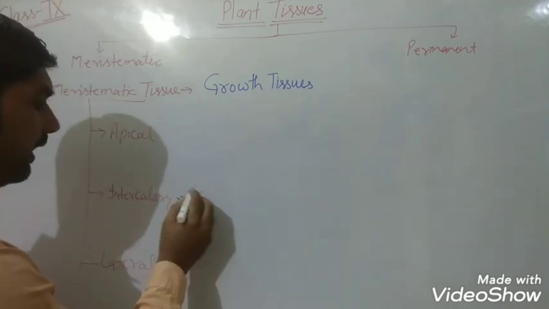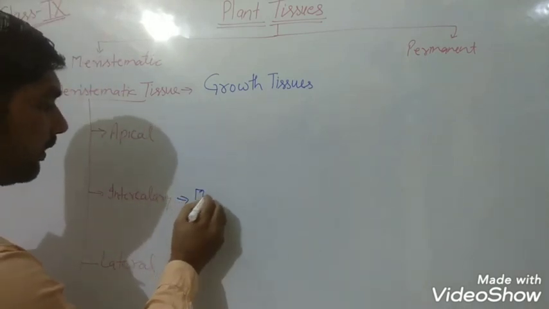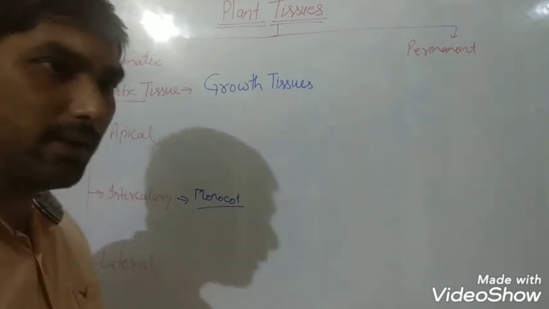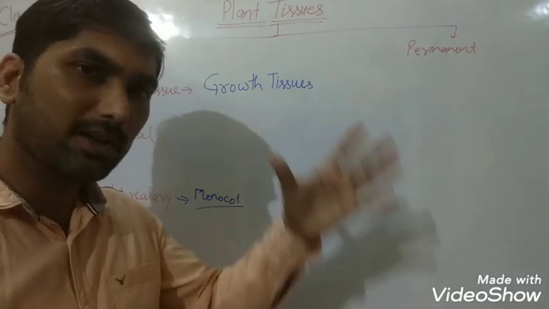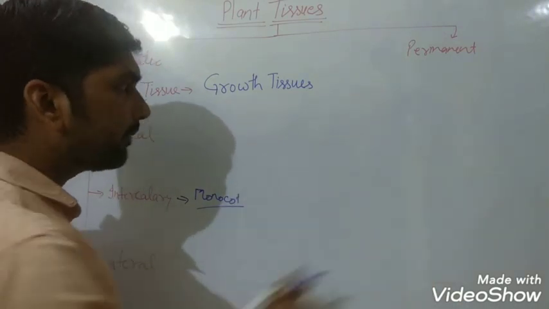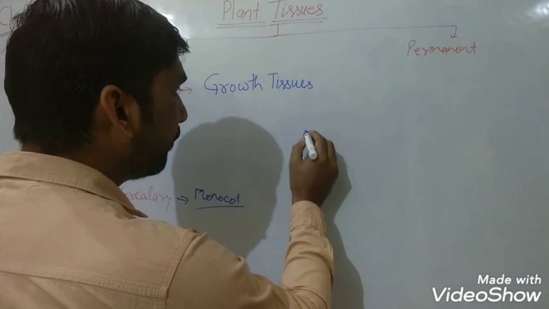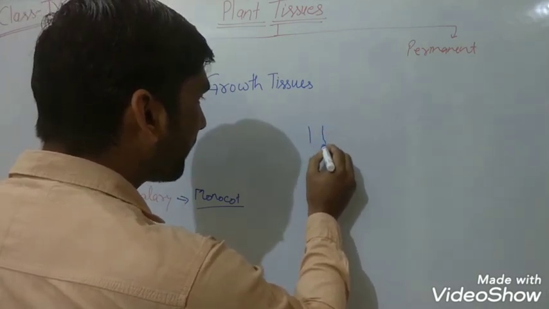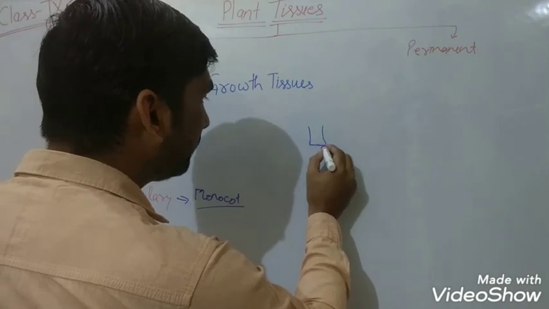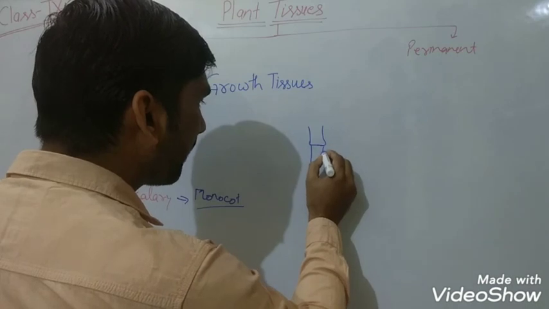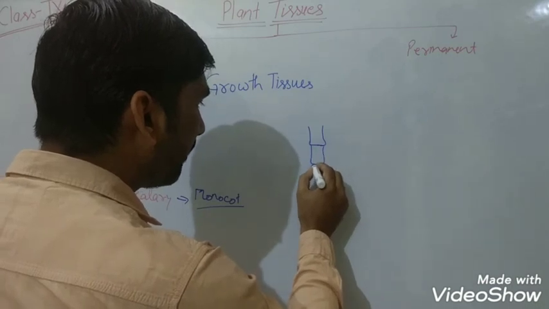They are present only in monocots, especially in the grass family like bamboo, or when we talk about rice, grasses or sugarcane. Perhaps you have seen there, if we make a rough diagram like this.